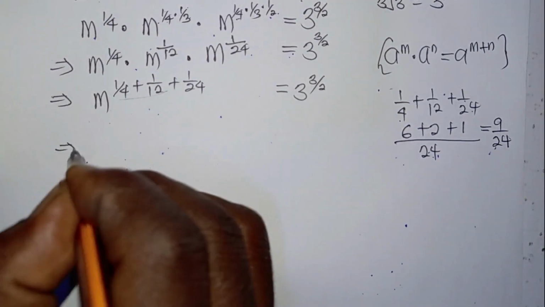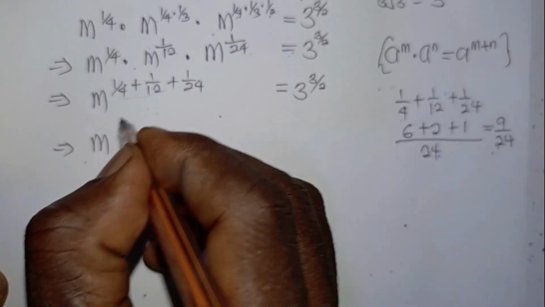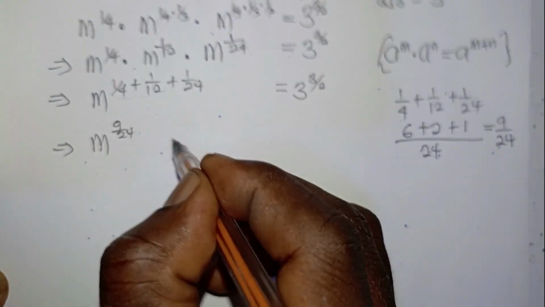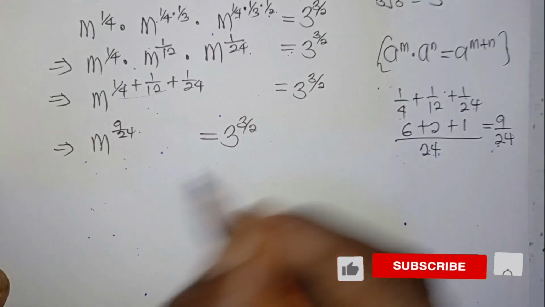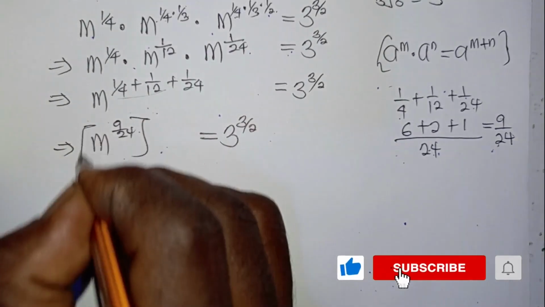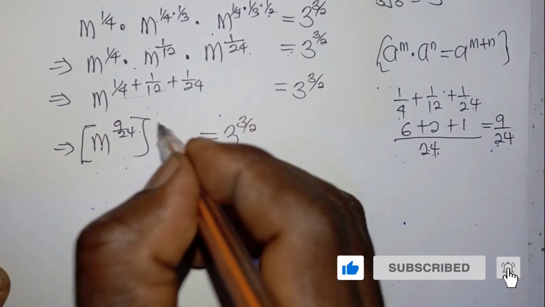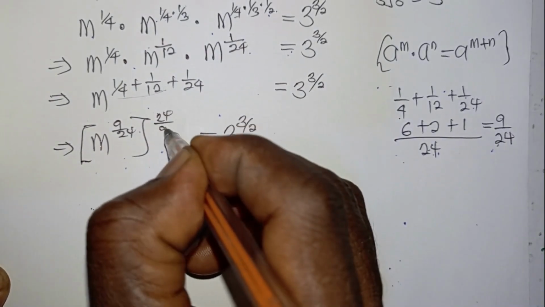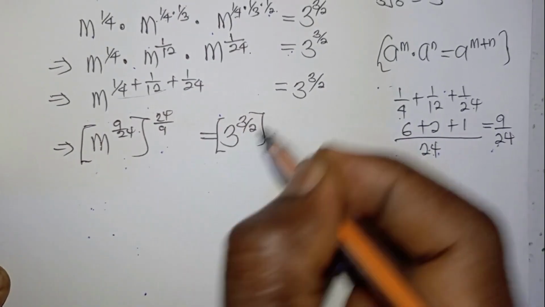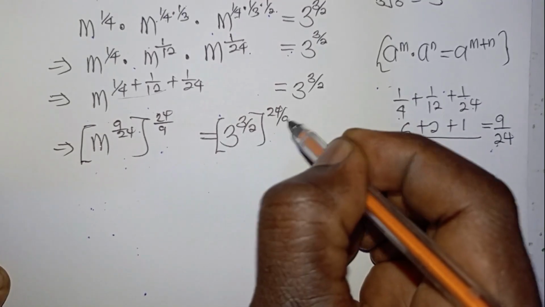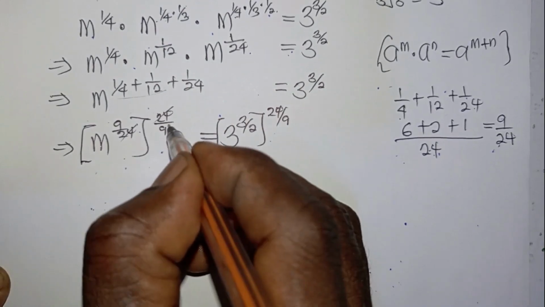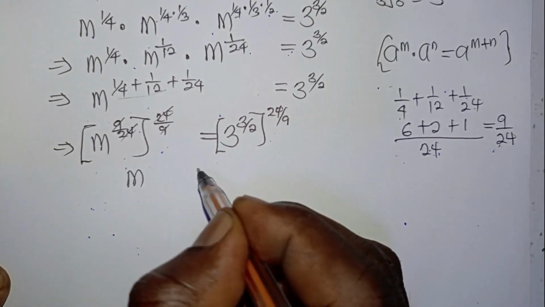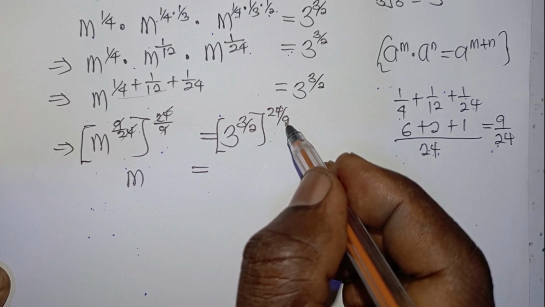This implies that m raised to the power 9 over 24 is equal to 3 to the power 3 over 2. So we take the reciprocal exponent of both sides, which gives us 24 over 9. Here 24 cancels 24, and then we cancel 9. So let's simplify this one too.